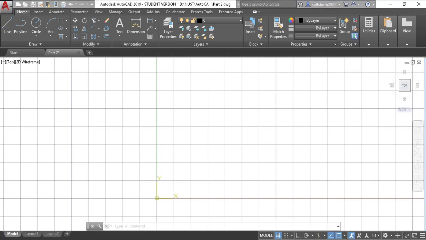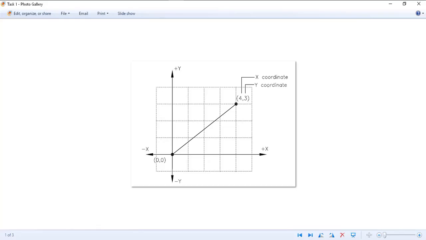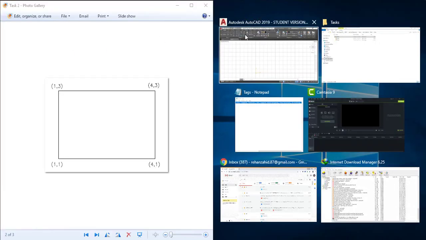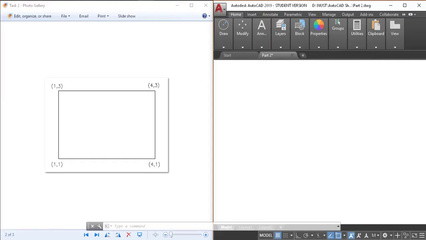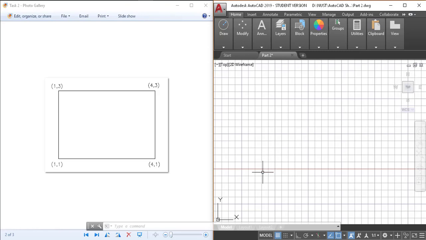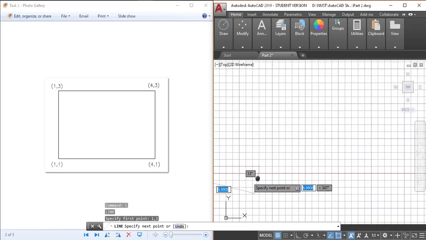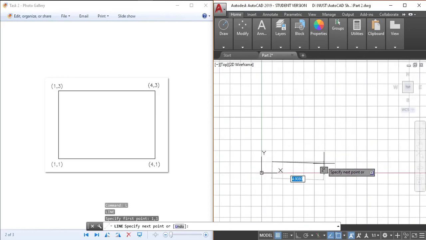Let's do an example. For example, if we want to draw this one in absolute coordinate system, we have to start the line command and then enter 0,0, 1,1, and let's put 1,3.